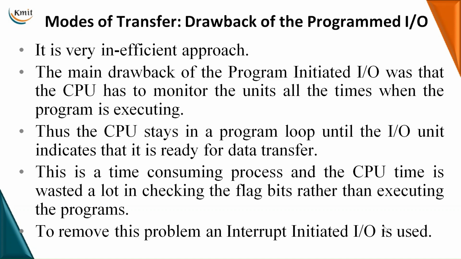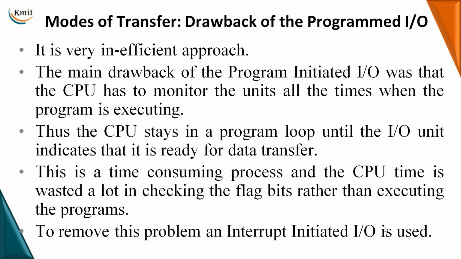This is a flow chart. Next, coming to the drawbacks of programmed IO, this mode of transfer is a very inefficient approach because of its major drawback. The CPU has to keep on monitoring the interface unit all the time the program is executing. So the CPU has to stay continuously in a program loop until the IO unit indicates that it is ready for data transfer, which it shows with the help of the status register's flag bit.